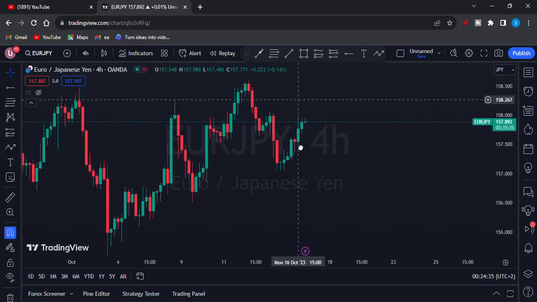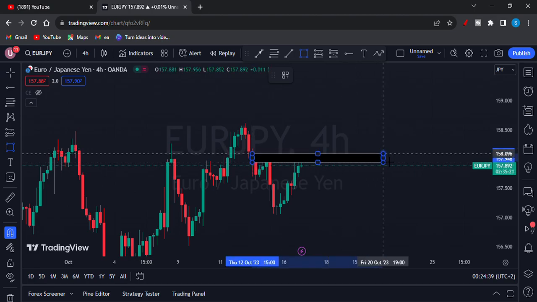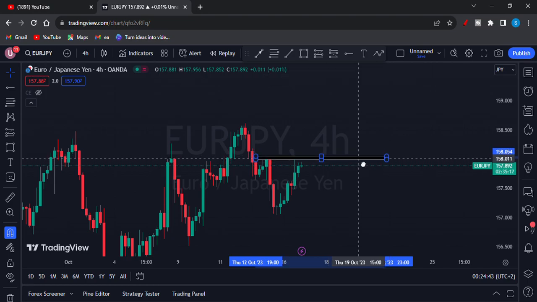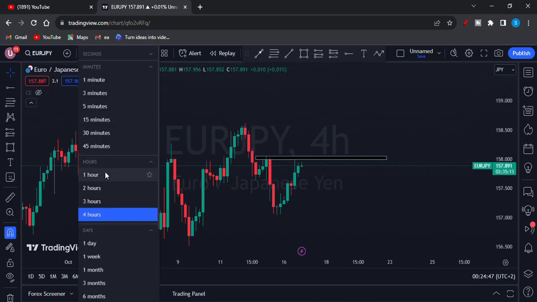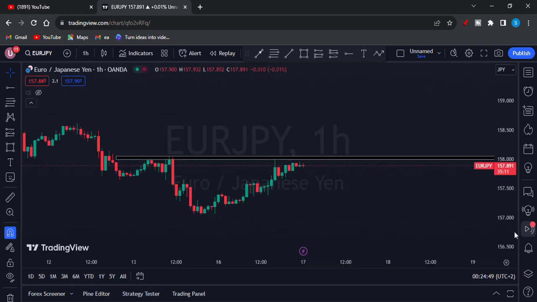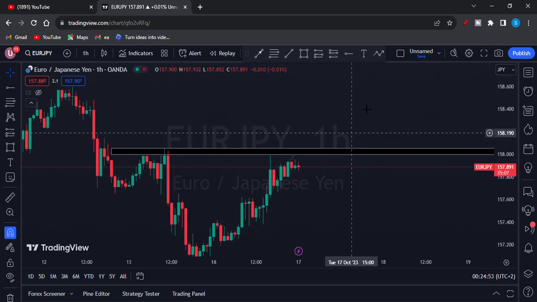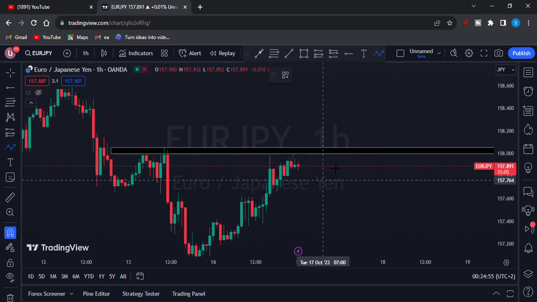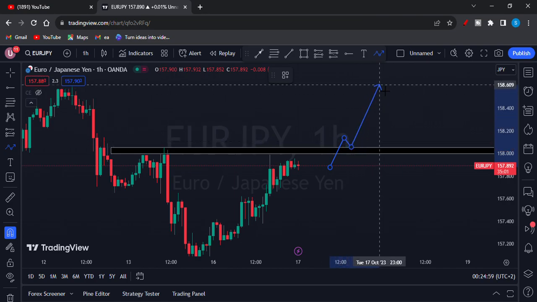So on a 4-hour, what I'm seeing is this zone right there, and then let's go to hourly. So on the hourly, what I'm going to look out for is a break, retest, and then continue.